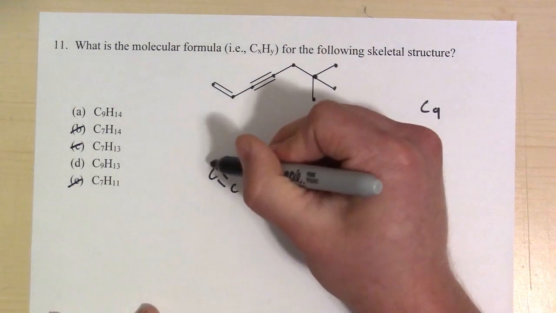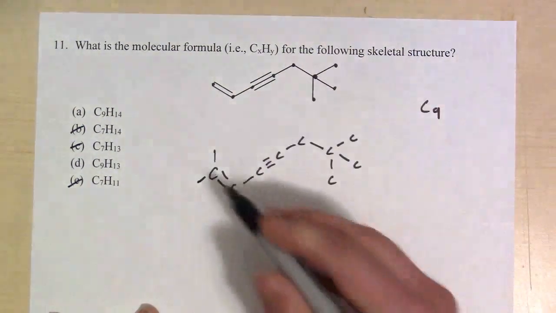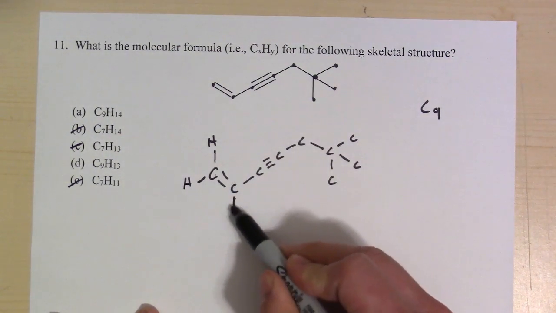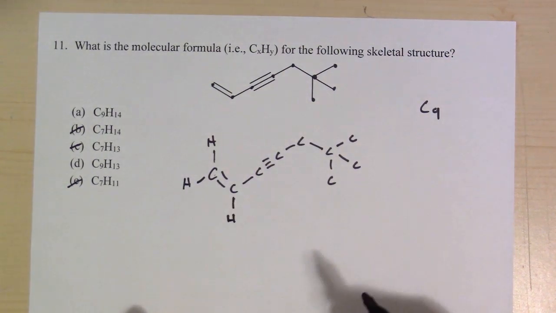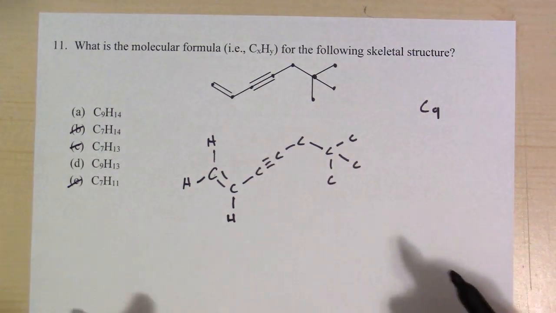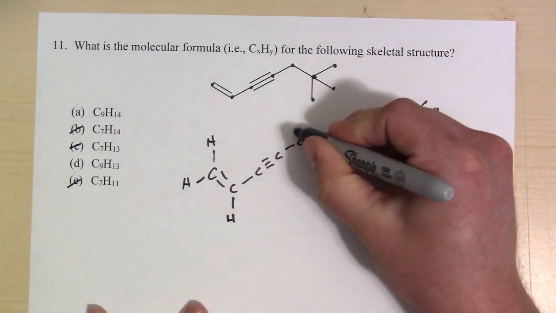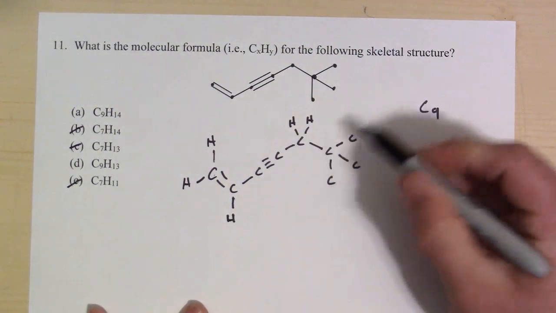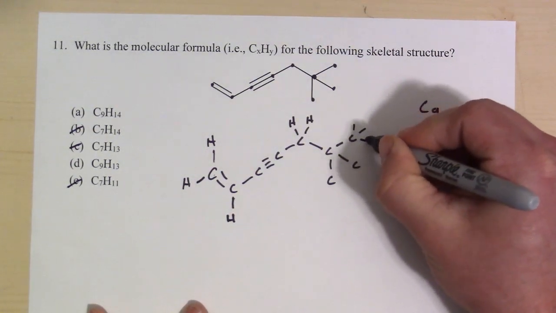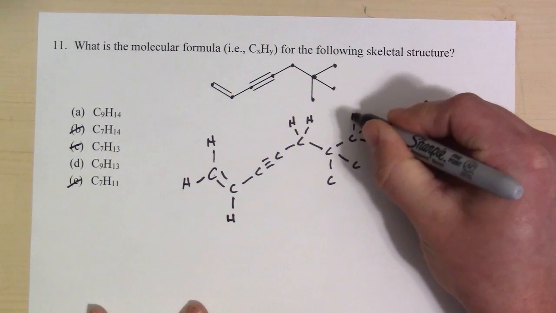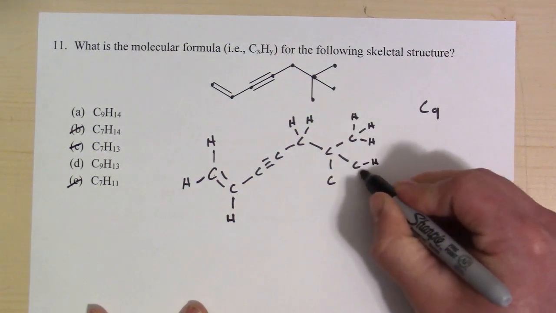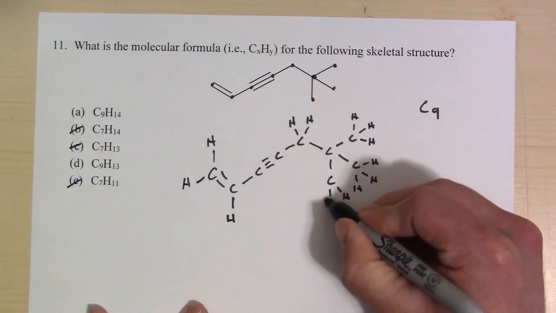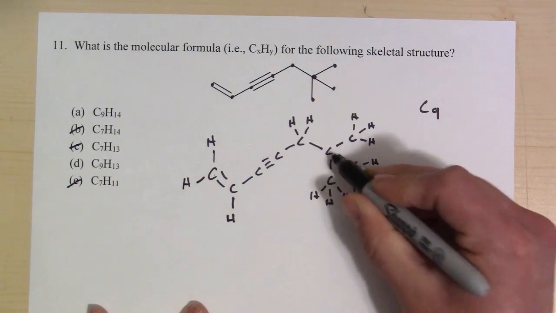So here carbon has 2 bonds, so each of those remaining 2 will be to a hydrogen. This carbon has 3, so it'll have 1 bond to hydrogen. Each of these already have 4 bonds. This carbon will add 2 bonds. This carbon has 4 bonds, and then to each of these 3 we will add 3 hydrogens, since each currently has just a single bond to this carbon here.